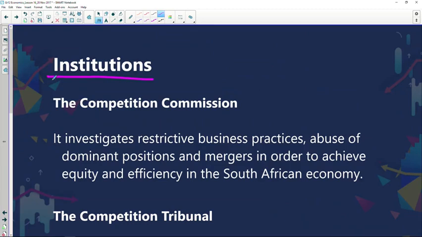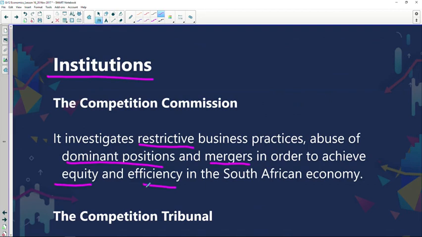It investigates restrictive business practices. So here's an interesting word, so I'm going to underline that so that we can come back to it and explore it a bit further. The abuse of dominant positions, also interesting, and measures, we did look at that earlier on, in order to achieve equity and efficiency in the South African economy.